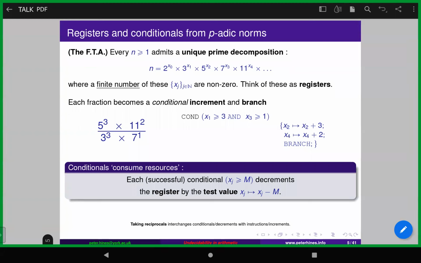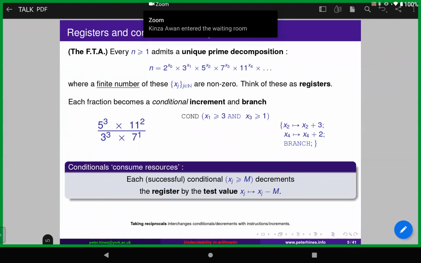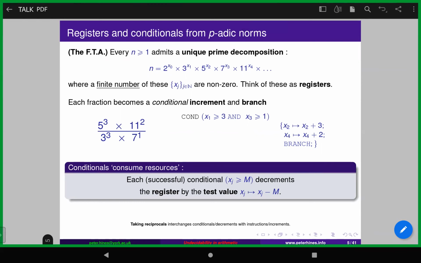So we've got conditionals, we've got increments, and we've got branches. And finally, our conditionals are resource sensitive in that when you make a test, if you're successful, well, you take something out of the register to check and you don't put it back. So you decrement the register by that test value. So what we have here is conditionals, increments, decrements, and branching, which really puts it almost as a low-level assembly language.